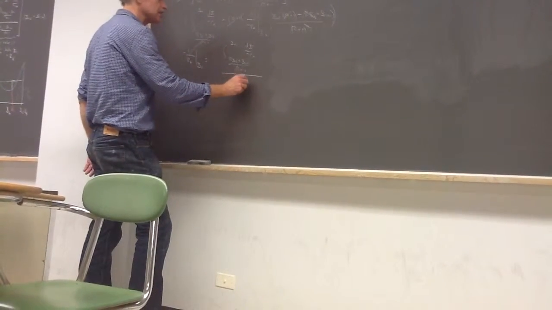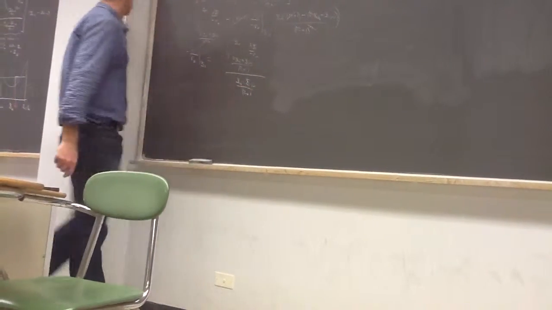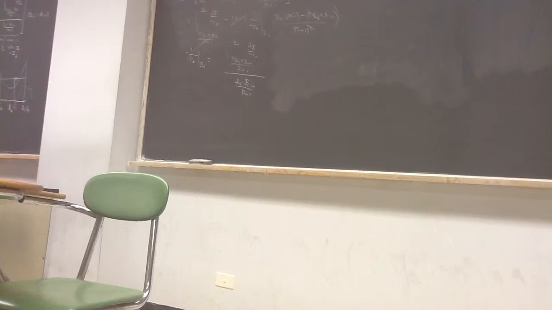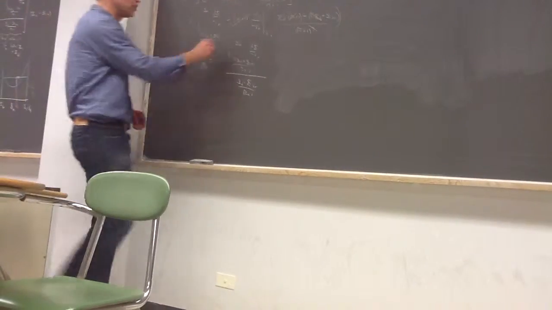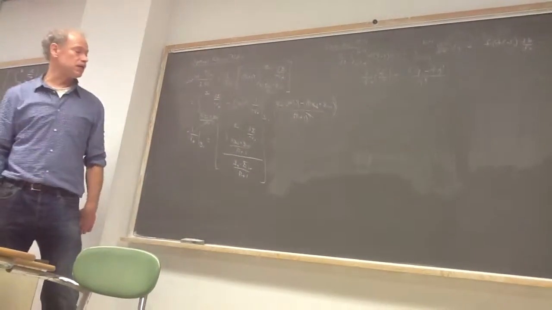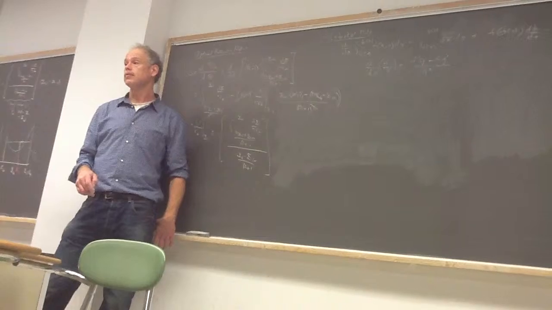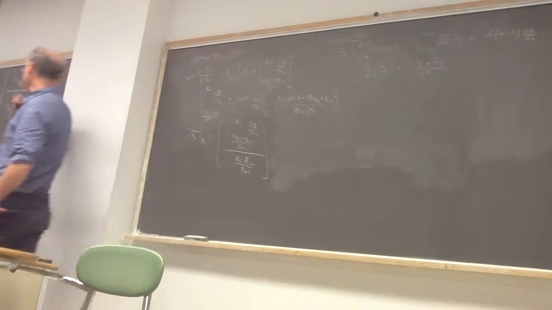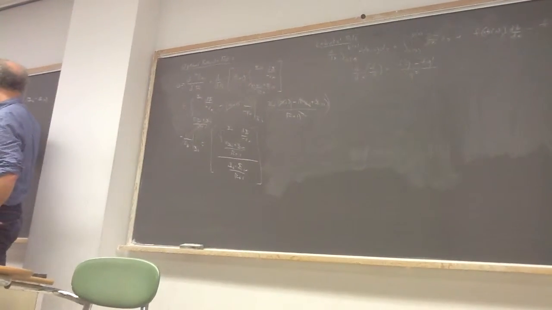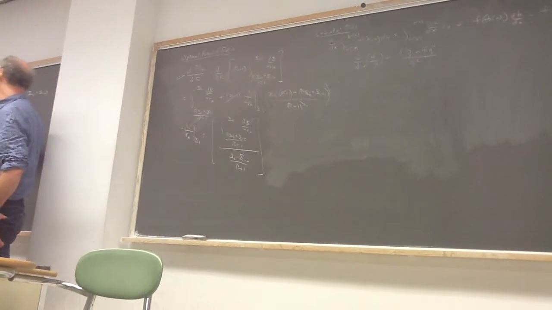Have you ever seen the expression on the right before? It's exactly this bracket here. This bracket we said is the average value of minus 1 over Ra between x1 and xf.